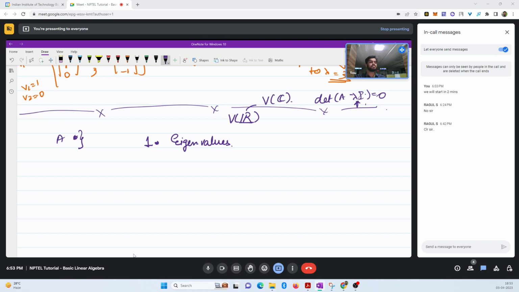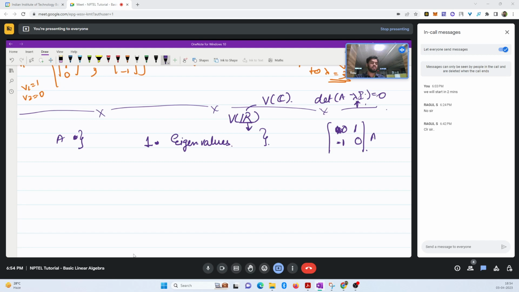But if your vector space is over the set of real numbers, then there can be some cases when you don't get a solution. For example, it is very easy to construct: let's take the matrix with first row 0 1 and second row minus 1 0.